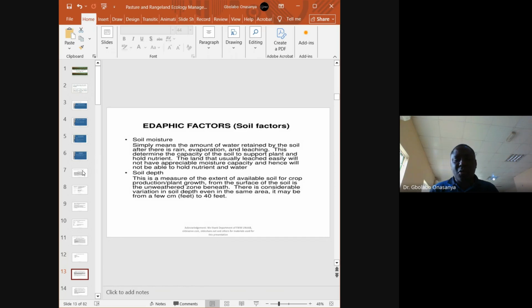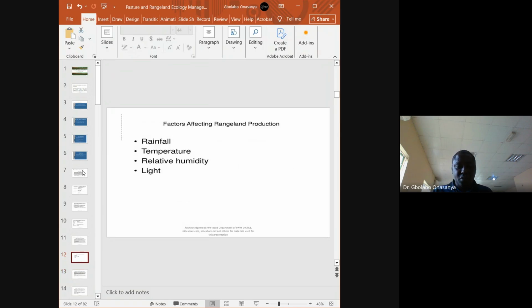Another factor that affects rangeland production: abiotic factors like rainfall, temperature, relative humidity, and light. We can say human factors, like poaching, exploitation of timber, felling of trees.